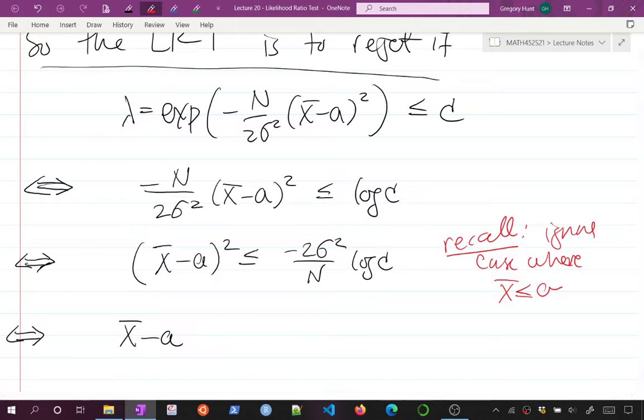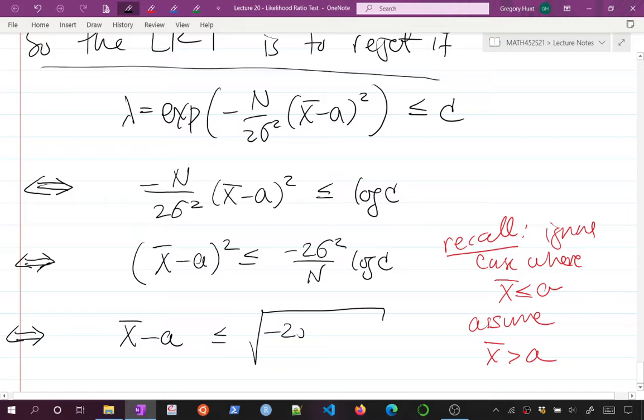We know in that case the likelihood ratio is just 1. We're only working in the case where x bar is bigger than a, so if I take the square root, it's just x bar minus a, not the absolute value.